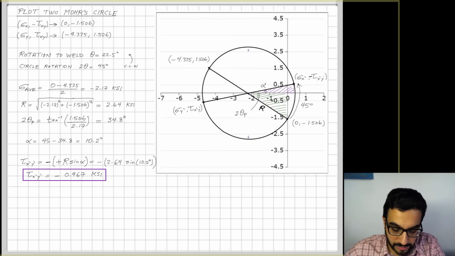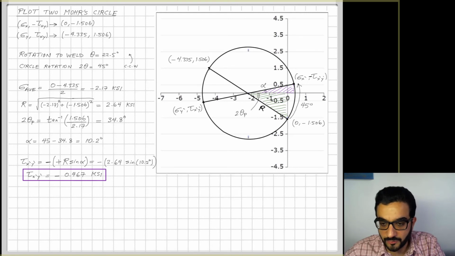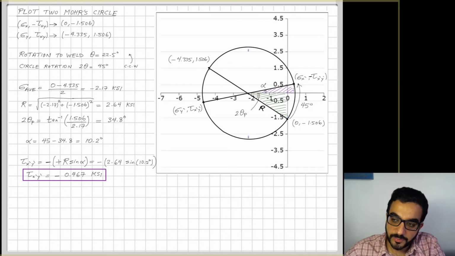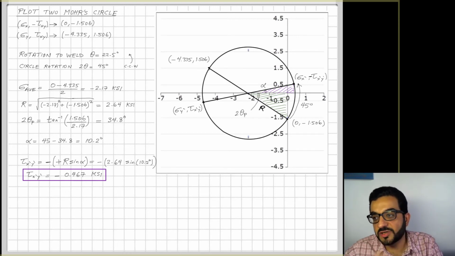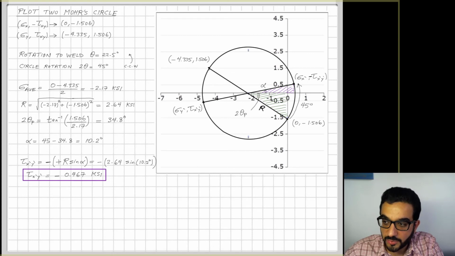Plugging in the values, it is above the horizontal axis, and above means it's clockwise. Clockwise, relative to sigma x, means I'm dealing with tau xy. If tau xy in the Mohr circle is positive, then on the block it's actually negative.